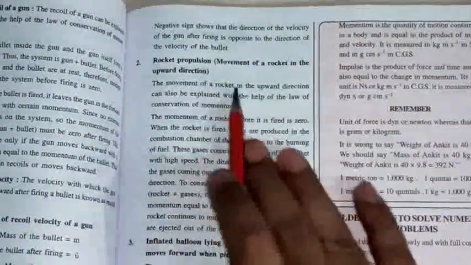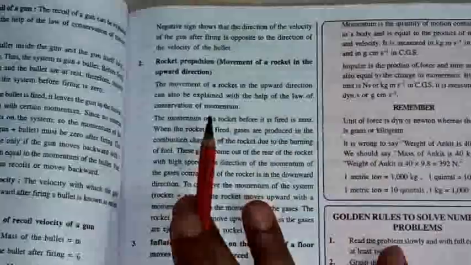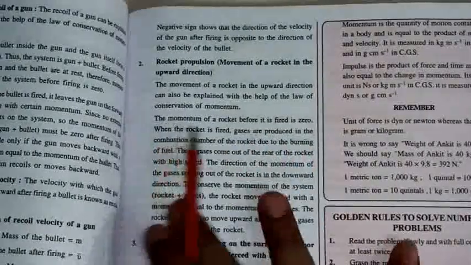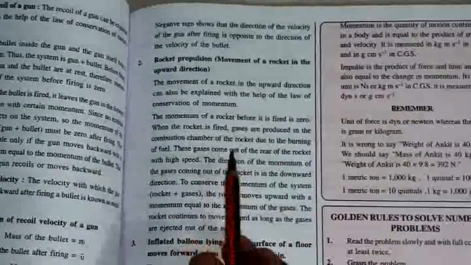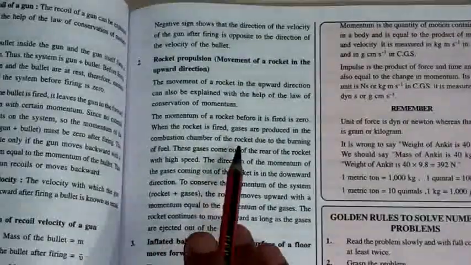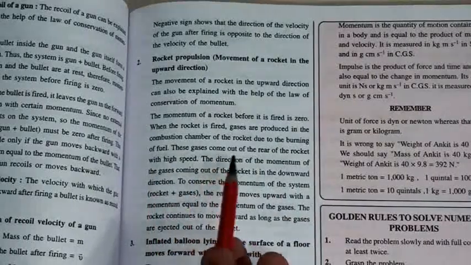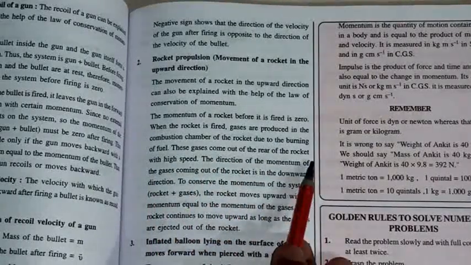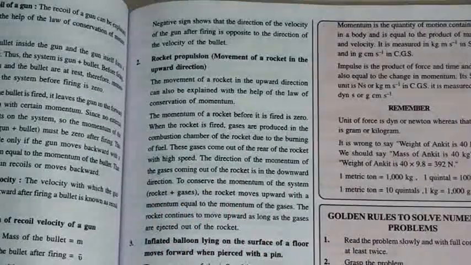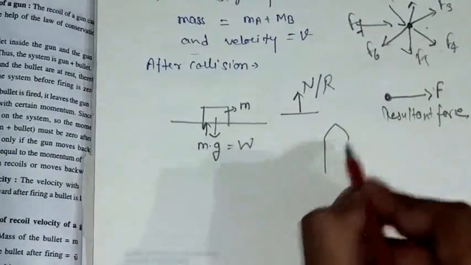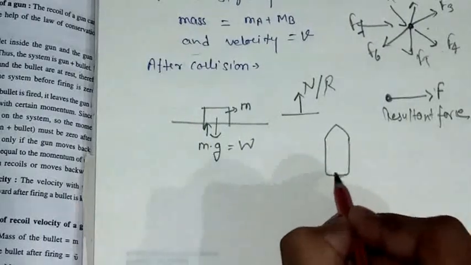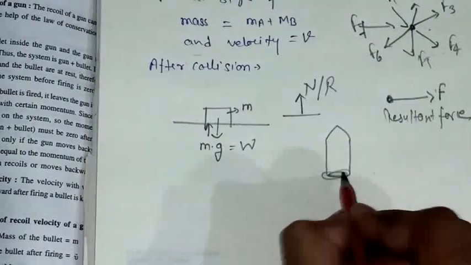Rocket propulsion, momentum of rocket in the upward direction. The motion of the rocket in the upward direction can also be explained with the help of the law of conservation of momentum. The momentum of rocket before it is fired is 0. When the rocket is fired, gases are produced in the combustion chamber due to burning of fuel, and these gases come out of the rear of the rocket with high speed. Suppose this is a rocket, this is exhaust.